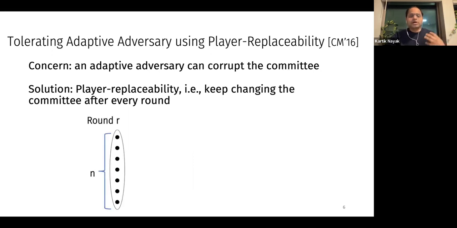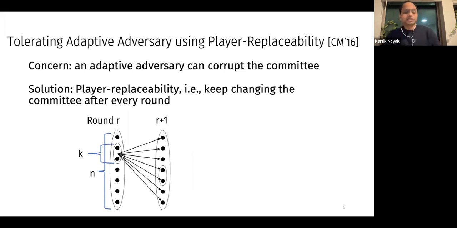So in a given round R among n parties, you can have a committee of size kappa. These committee members would send messages to everyone, all the parties. And in the next round, the role of these parties would be played by a different set of parties. So the committee would be replaced, and hence player replaceable, by a different set of parties.